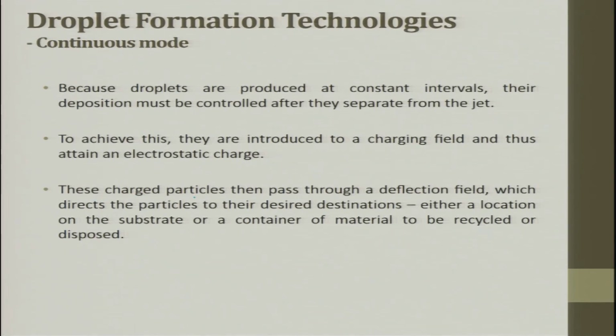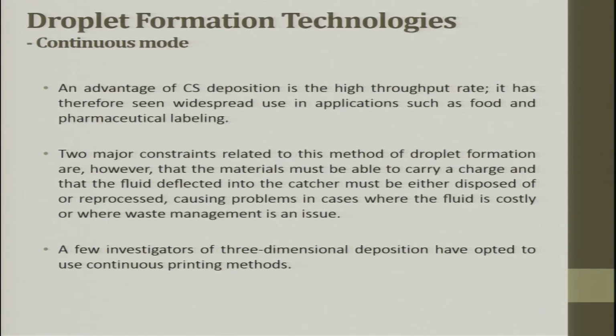These charged particles then pass through a deflection field which directs the particles to their desired destination, either a location on the substrate or a container of material to be recycled or deposited. So, that is how you break a continuous stream into discrete droplets, and then these discrete droplets are allowed to fall. An advantage of CS deposition is the high throughput rate.